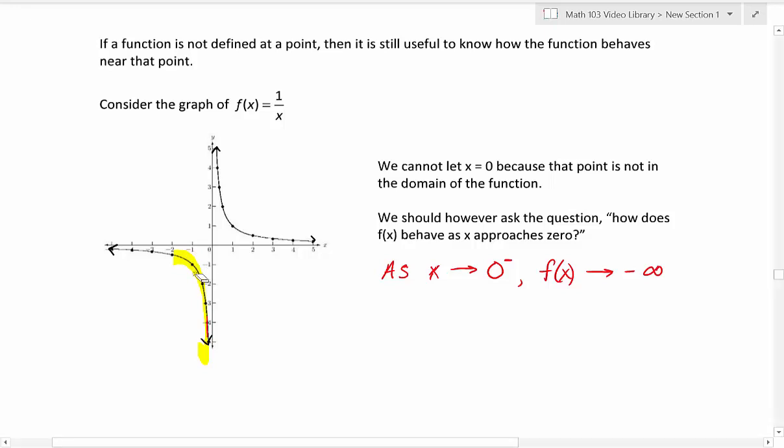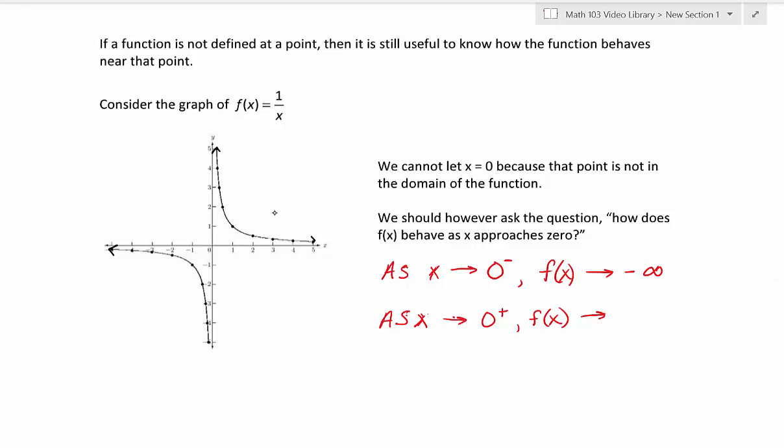Now let's look at what's happening as x approaches 0 from the other side. As x approaches 0 from the right, let's talk about what f(x) is doing.